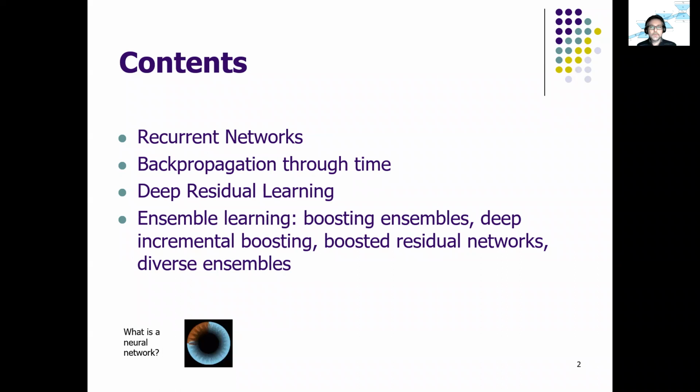These are called residual blocks, and these are combined with direct links or skip connections, which bypass these layers, transferring signals from previous stages of the network directly to the next layers and to the output. Finally, I will say a few things about ensembles.